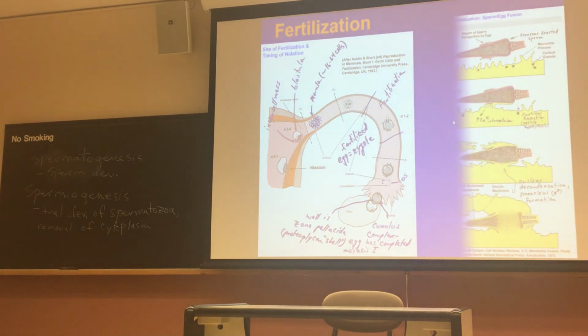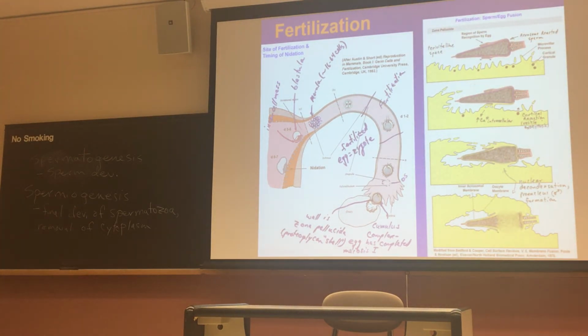Okay, I'm going to skip over that and just show you a little bit about sperm-egg fusion. This is what would happen in the sperm when the sperm has undergone removal of this acrosomal cap and the exposure of the proteolytic enzymes that have allowed it to penetrate through the mucus that's around the egg at the time of fertilization, and through this outer glycoprotein coat called the zona pellucida.